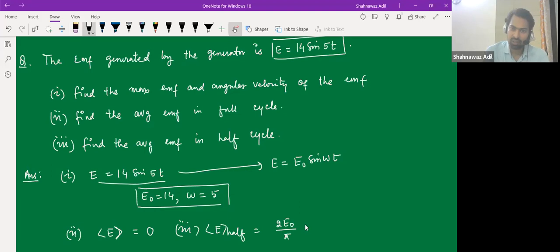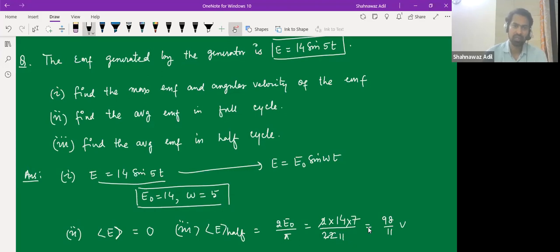Right. So 2 E naught is 28 and pi is 22 by 7. So this would be 98 by 11. Right. And volts.